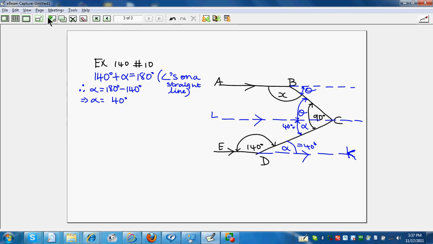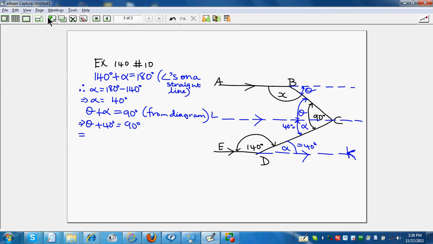So what we'll do now, we'll say that theta will be equal to 90 minus alpha. Or we could write something very simply: theta plus alpha is equal to 90 degrees, from our diagram here. Now we know alpha is 40, so you could write theta plus 40 is equal to 90 degrees.